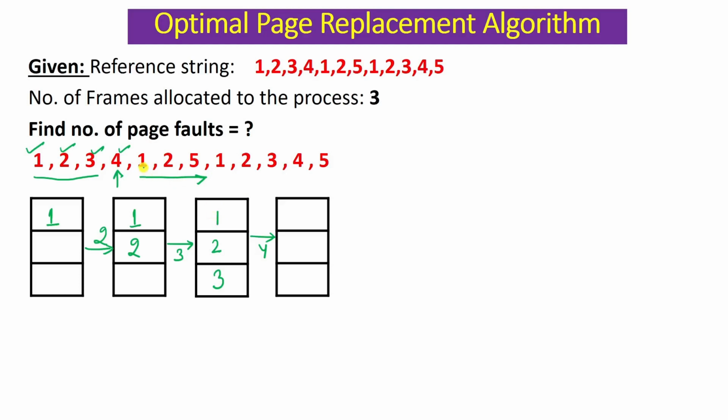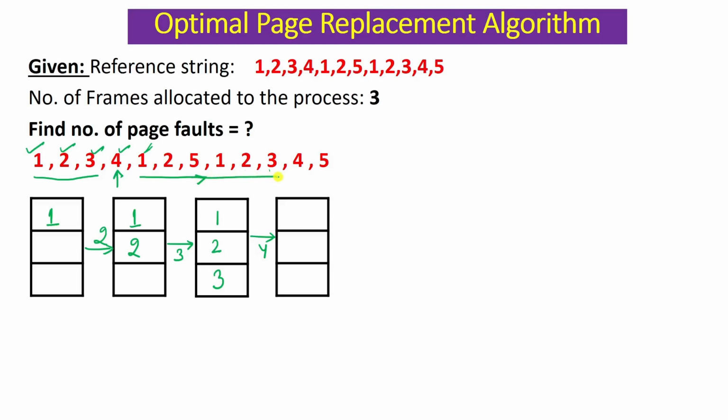So see, 1 is actually used just after 4, so you will not think to replace 1. Next is 2, which is getting used after 1. Now see 3. Here it is 5, here it is 1, here it is 2, here it is 3, right?